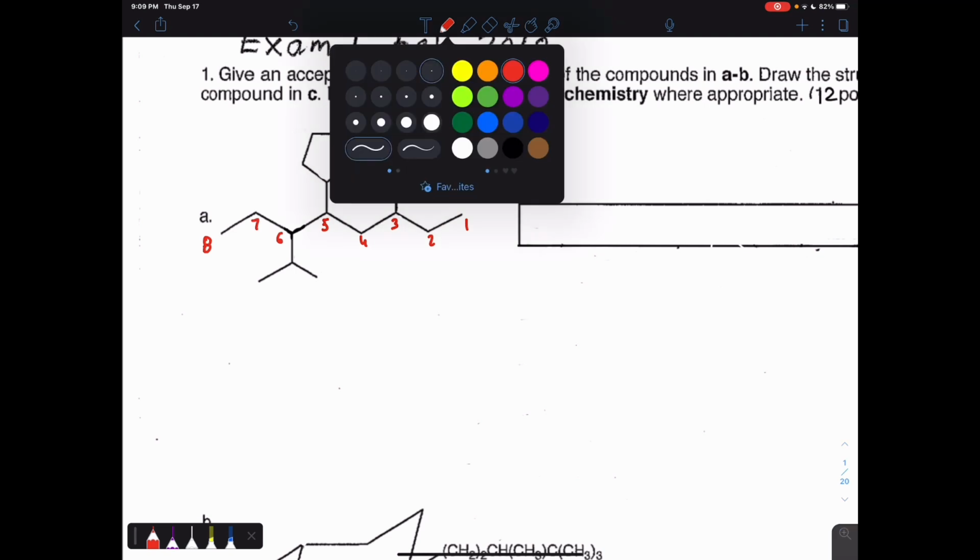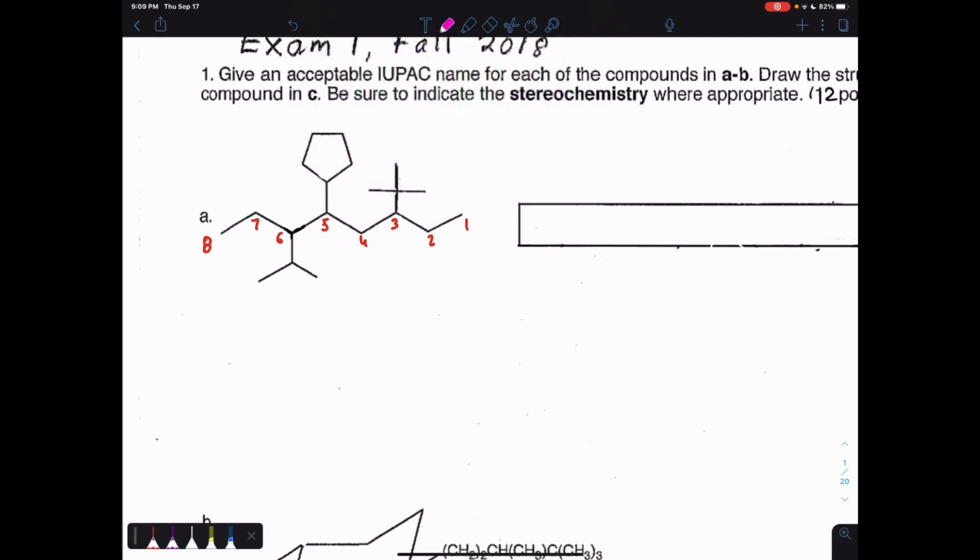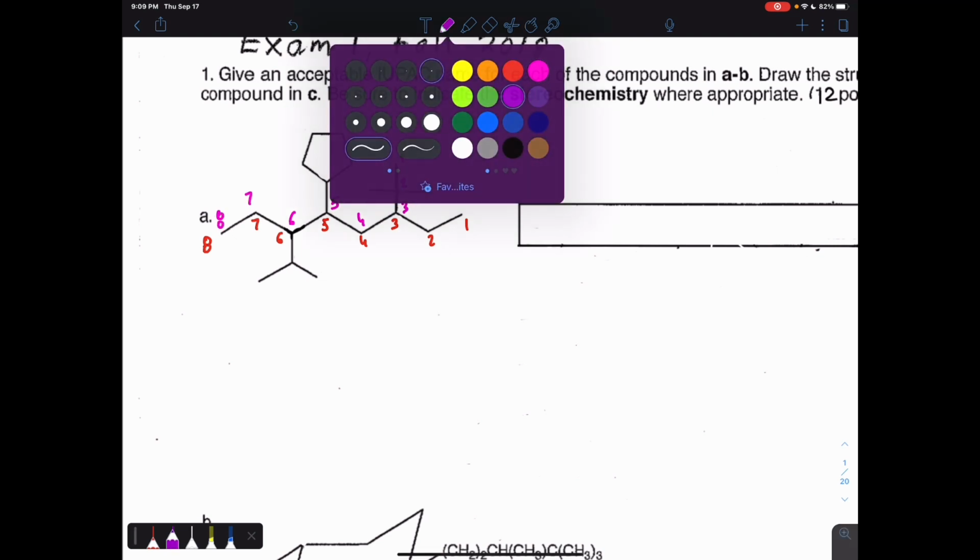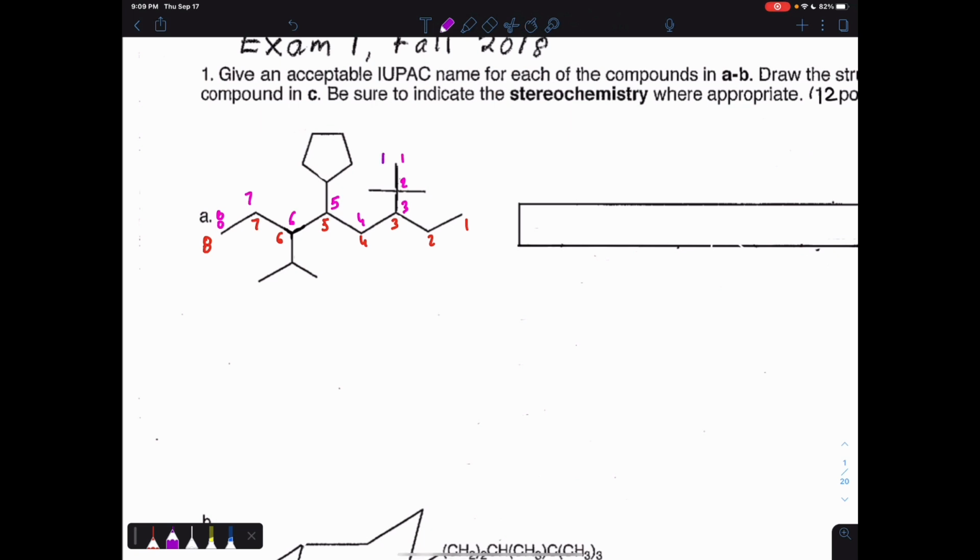The second option is going to be in the pink color: 1, 2, 3, 4, 5, 6, 7, and 8. And the third option, I'm going to do using the purple color: 1, 2, 3, 4, 5, 6, 7, and 8. Those are the three options for the longest chain possible.